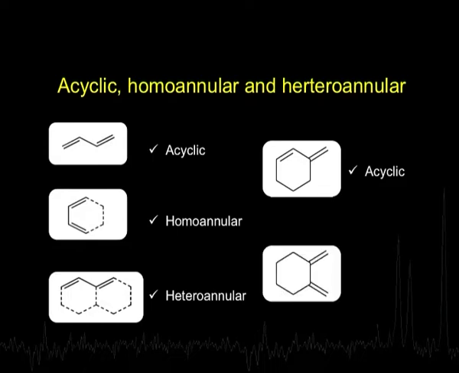Similarly, this one also has a ring system, but the chromophore is not part of the ring, so this again is alicyclic, and we will take the base value to be 270 nanometers. This has to be clear before we take up examples of how to apply these rules to predict lambda max for different kinds of dienes.